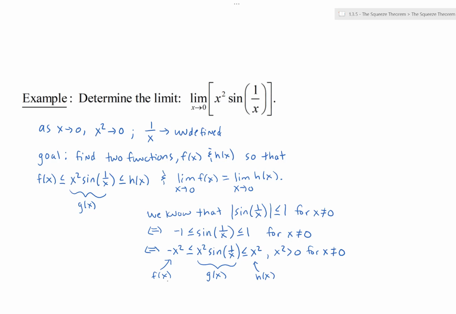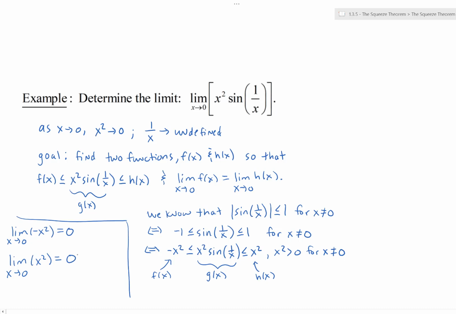Well, off on the side over here on the left, let's take a look. The limit as x approaches 0 of negative x squared, well, that's just 0. That is a polynomial function, and we have previously discussed that when you have a polynomial function and you're taking the limit as x approaches a real number, just plug that real number into the function. Also, the limit as x approaches 0 of x squared is also 0 for the same reasons.